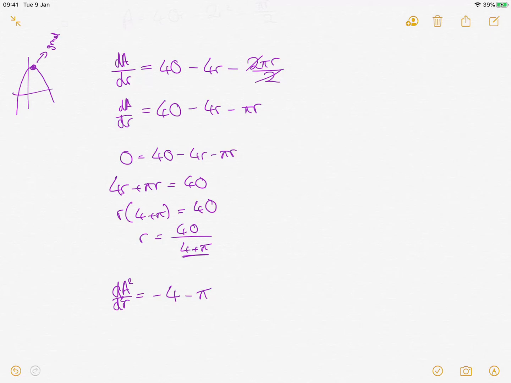Which shows that it's always going to be negative, therefore it is a maximum. Because you're not needing to sub in r to see that it's negative.